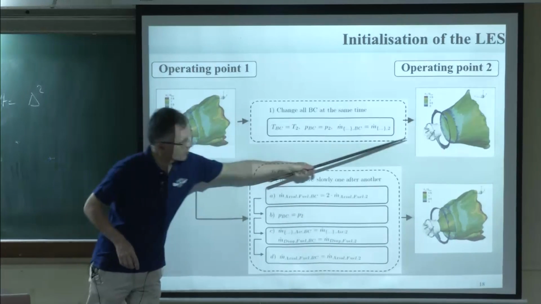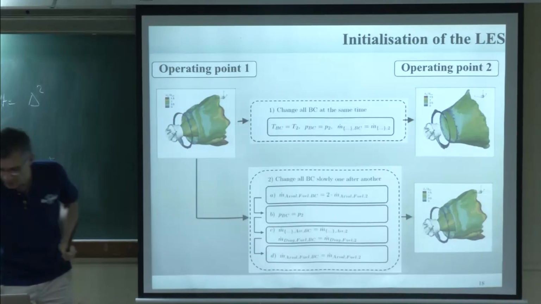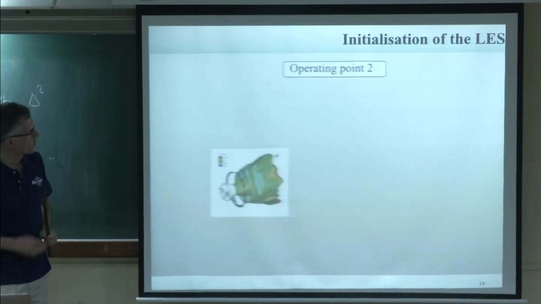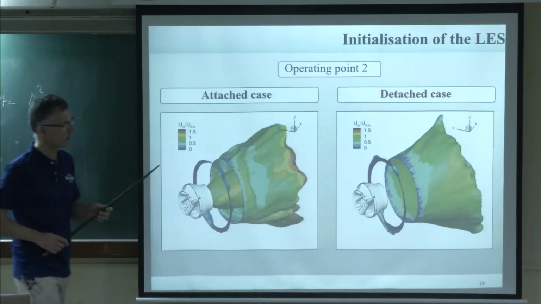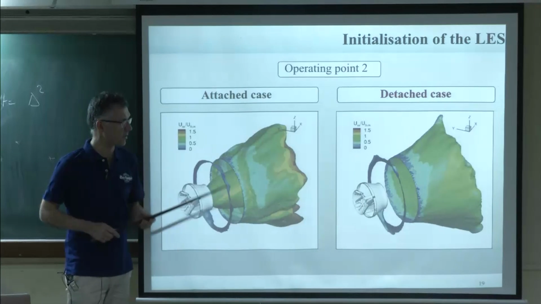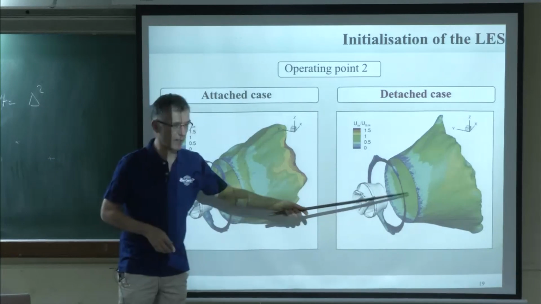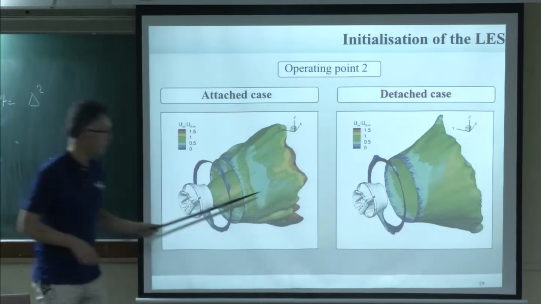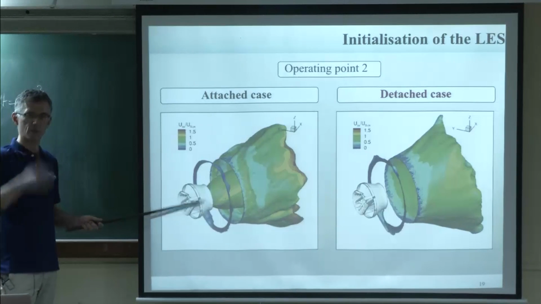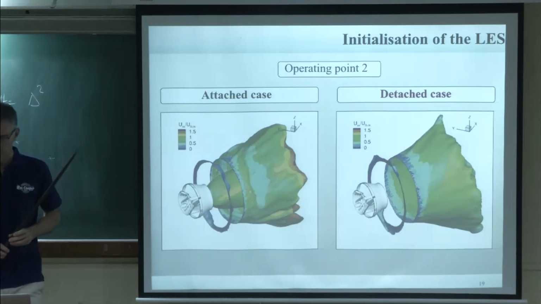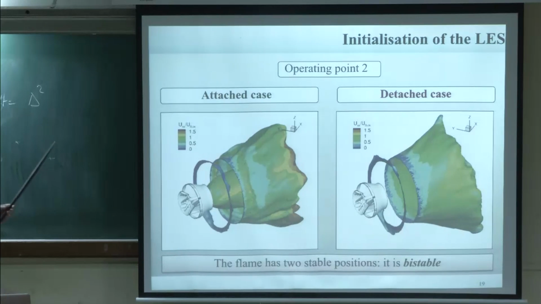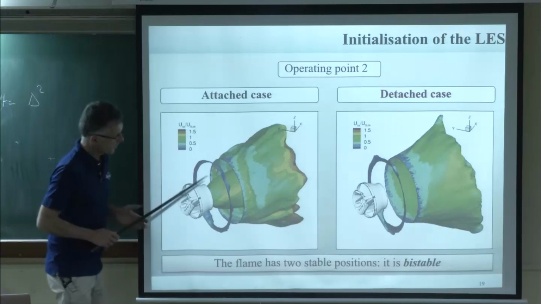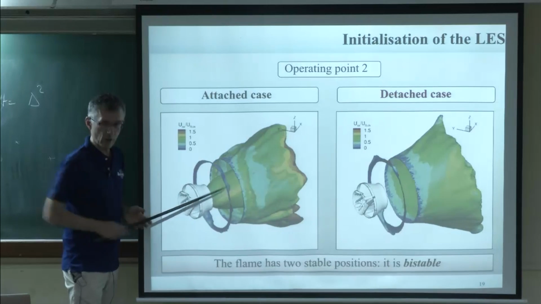Which really means now that these two states, which are two flames, correspond to the same conditions and two different flames. And that's probably also what's happening in the on-site gas turbines. When you ignite the system, it's like this, and at some point, whoop, the flame comes here, and then you can go to a high power. Now, what we of course observed here is that this flame is bistable, and the interesting point is how do you go from one to the other?